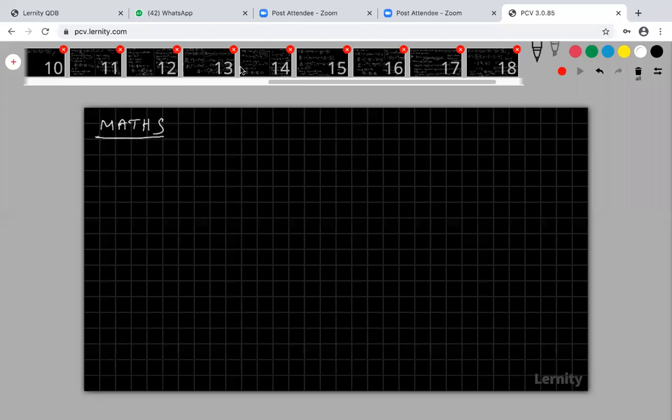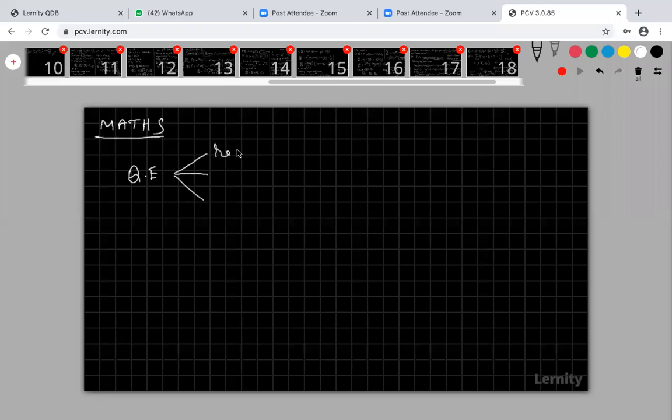Yesterday we discussed some problems in complex numbers, particularly in quadratic equations. In the same chapter, complex numbers, a quadratic equation has three types of roots.